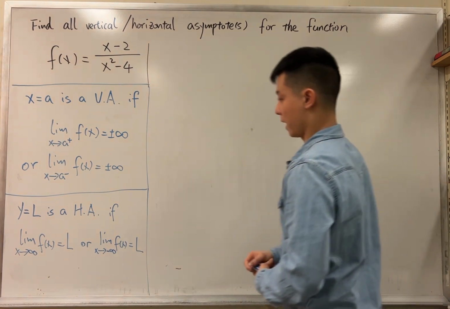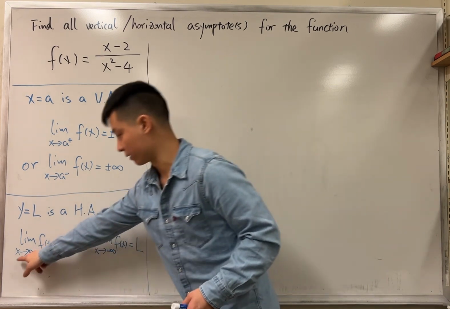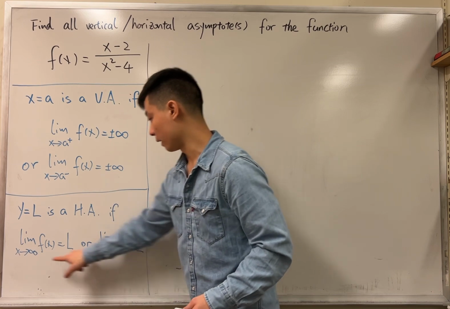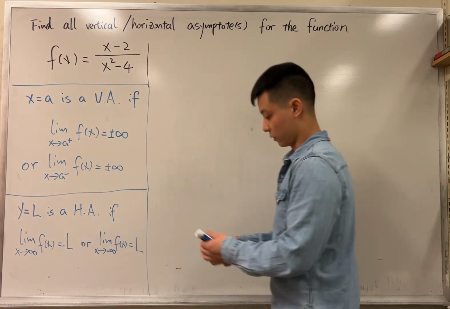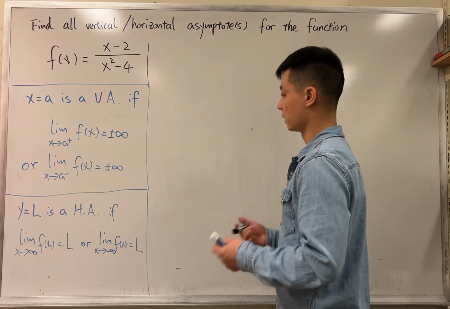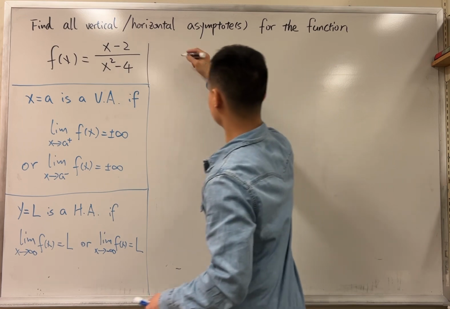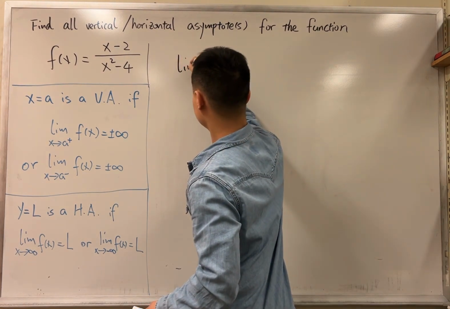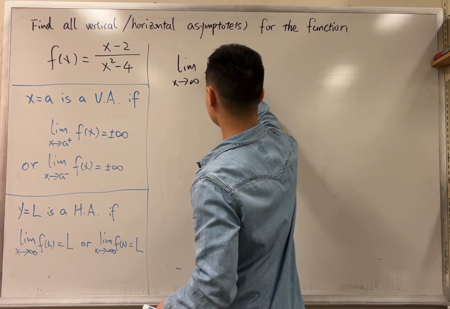To find horizontal asymptotes, we don't really identify anything. We just simply check the limit as x goes to both infinities to see if the function stabilizes. If so, then that value is going to be the horizontal asymptote. So we just check the limit as x approaches positive infinity of f of x.